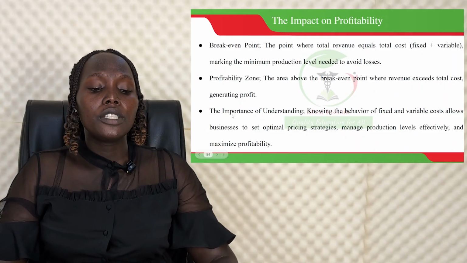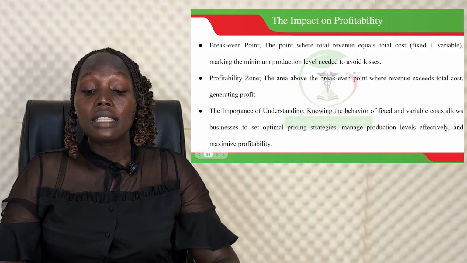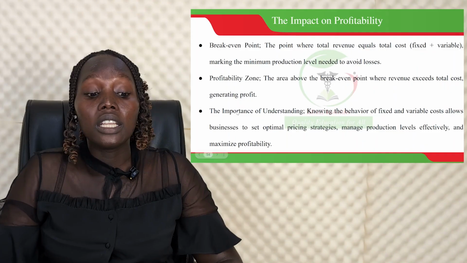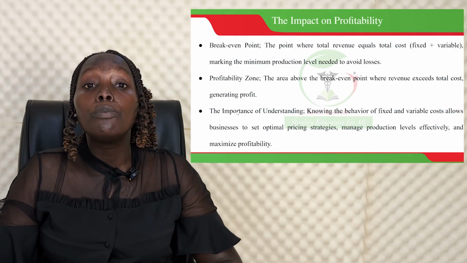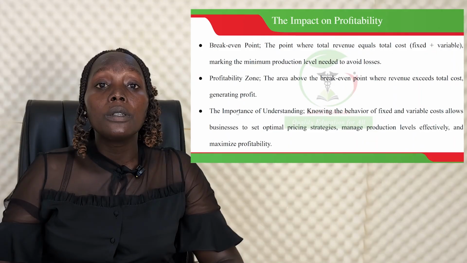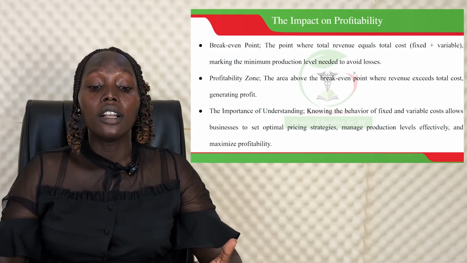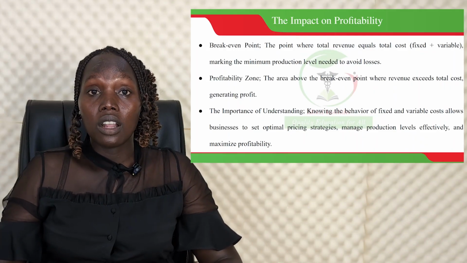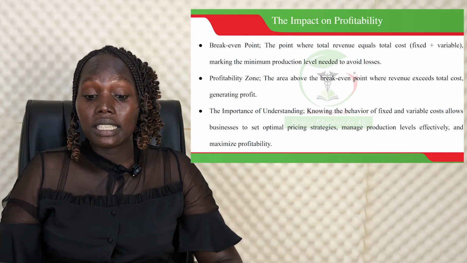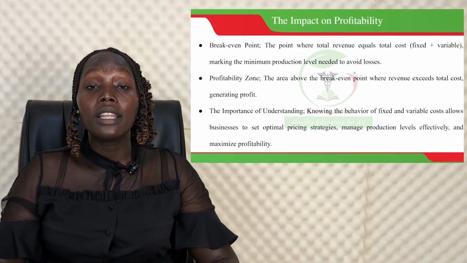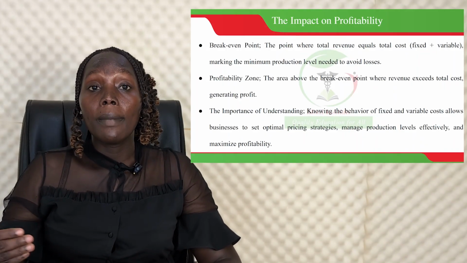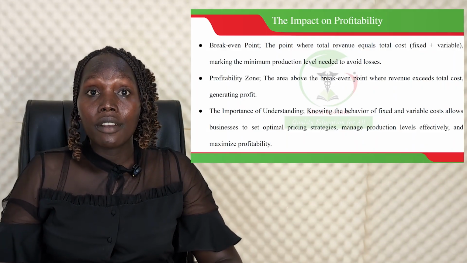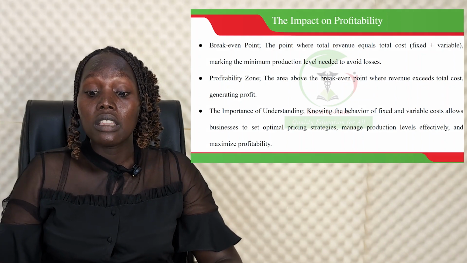And then what is the importance of understanding this? When you know the behavior of fixed and variable cost, it allows businesses to set optimal prices and choose pricing strategies. You can also know how to manage the production process if you understand the variable and the fixed cost effectively.